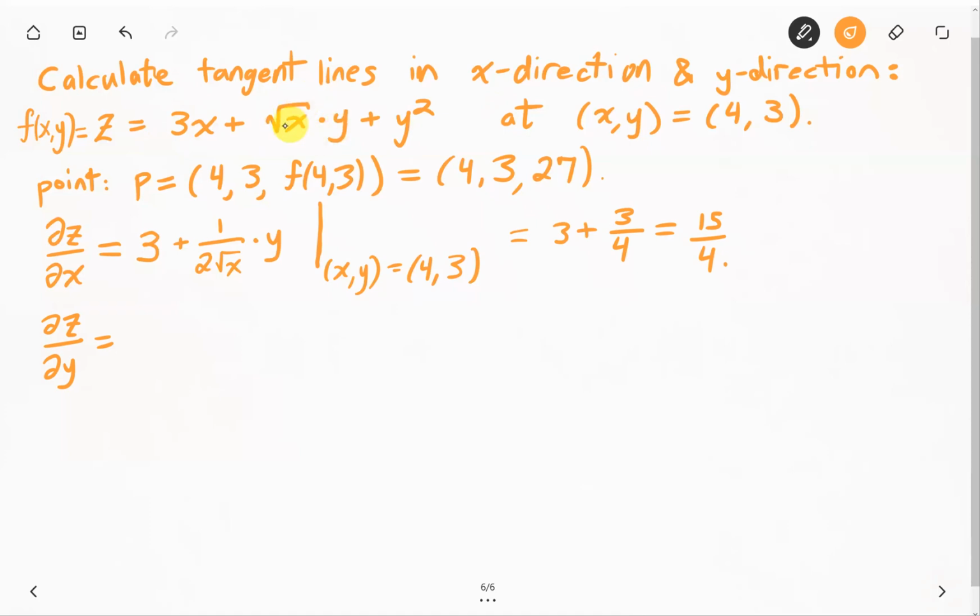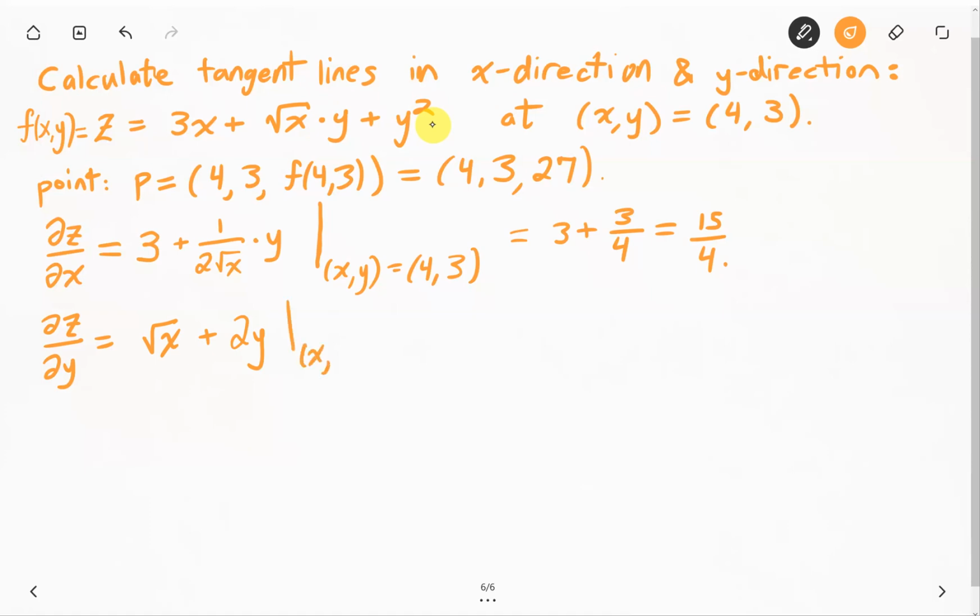Again, x is a constant in this calculation, so square root of a constant is still a constant. Looking for the derivative of a constant times y, the derivative of a constant times y is that constant. Plus the derivative of y squared with respect to y, that's 2y.